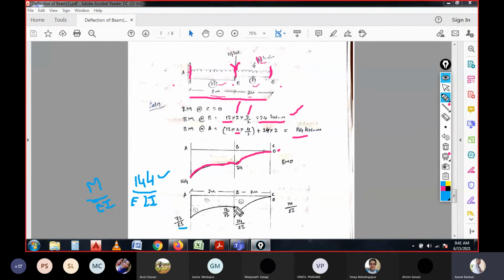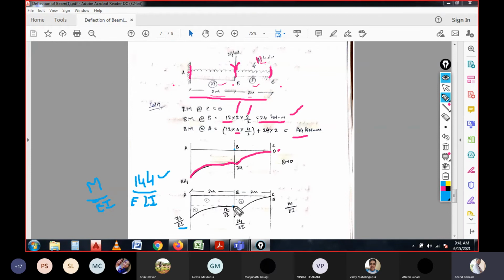Now for point B, since it is 24, this B point will have the 2I part as well as the I part, since it carries two parts. One is the I part, another is the 2I part. So we have 2 points over here.